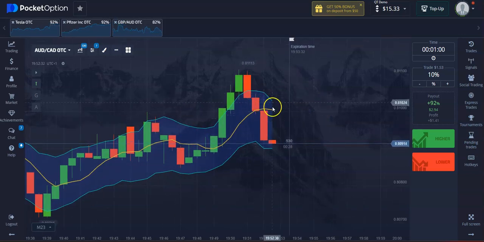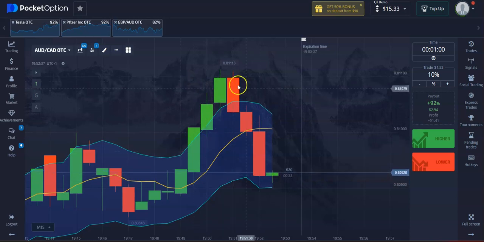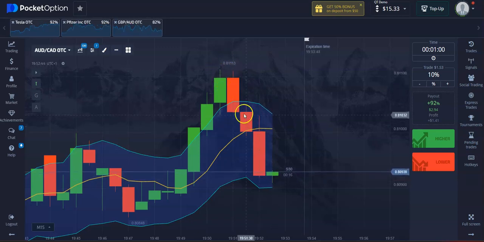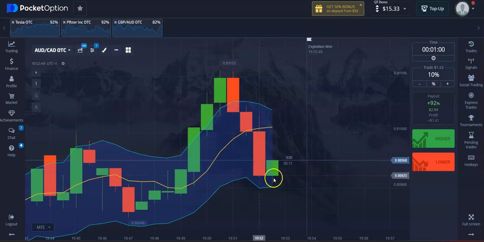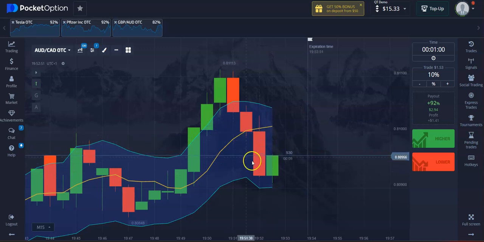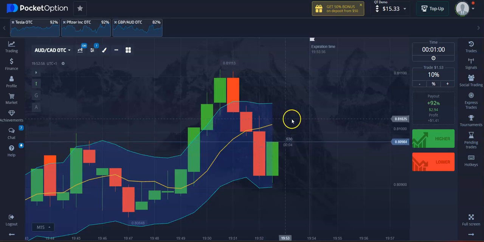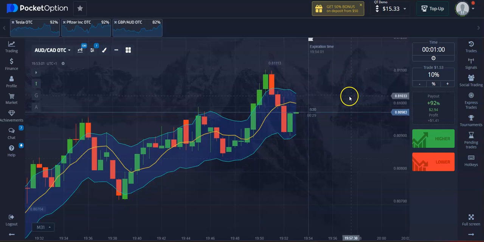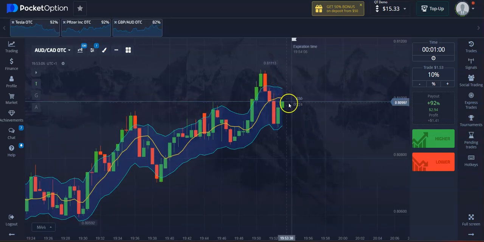As you can see right here, again, it's very important to pay attention to everything you are seeing. This red candle didn't go over the previous candle, and then the next one was red and also closed inside the Keltner channel, and the next one also a big bearish candle, showing that the price might go sideways a little bit before having the continuation to the upside, which is normal, because we can see the pattern from this price chart right here.